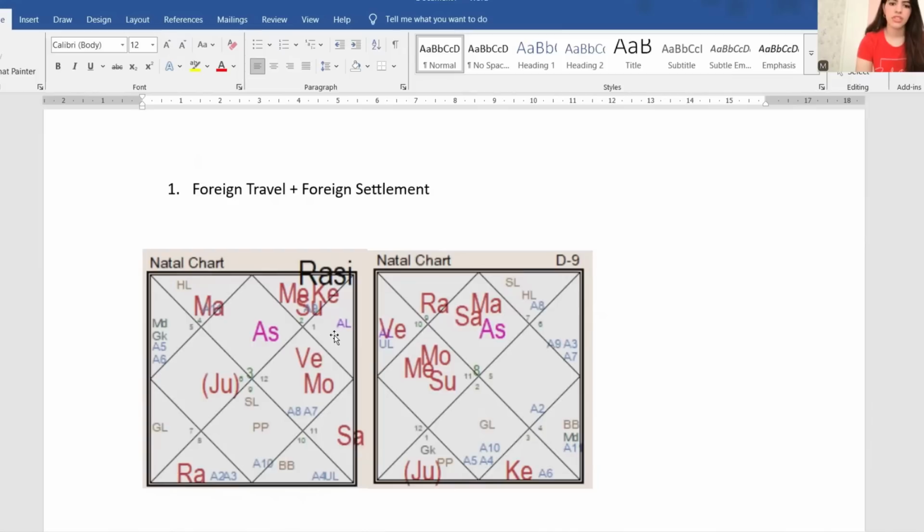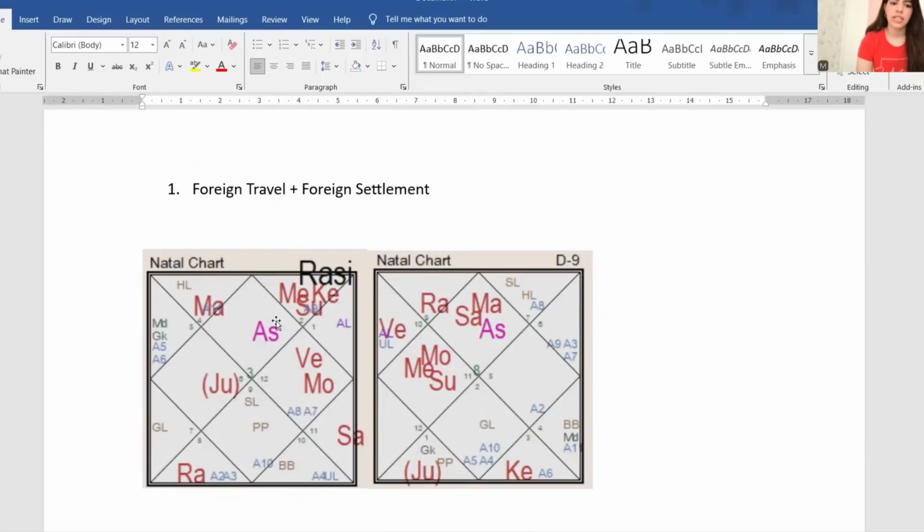So that is something which is very clear. And even in the D9 chart, we see that they have Moon, Mercury, Sun in the fourth house. And again, Mars is looking at the fourth house, even in the D9 chart. And the fourth lord also, if you see Saturn, it is connected again with Mars. So in this sense, you can see that connections are being made in the chart.